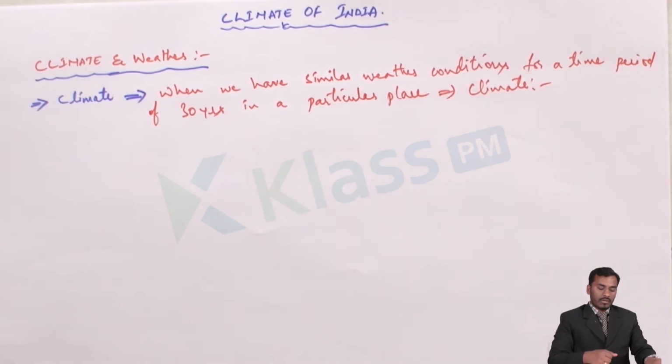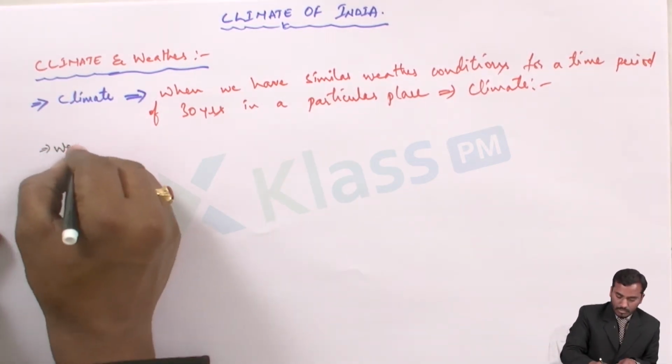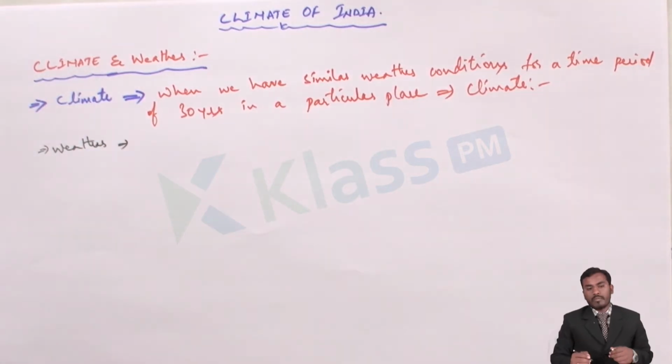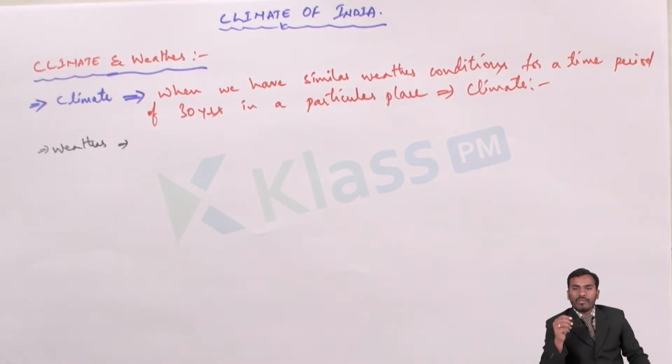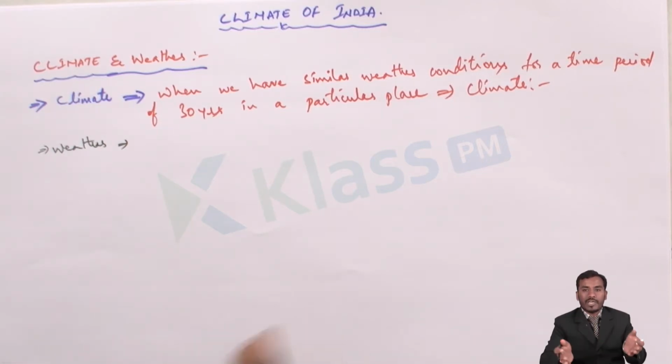Then what is meant by weather? Weather is where we have changes from morning to evening. See, we cannot say, if it is raining in the morning, suddenly very hot in the afternoon, again very cool in the evening, then we call it weather conditions. Suddenly the weather changed, but we will not say climatic change from morning to evening.